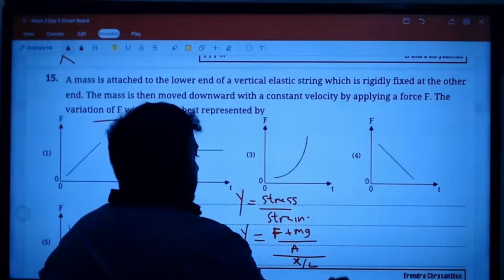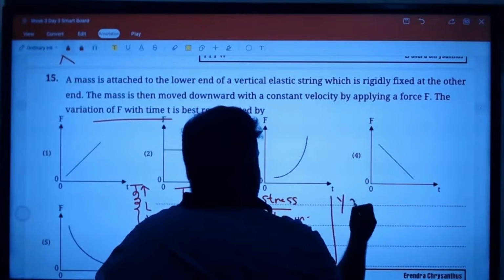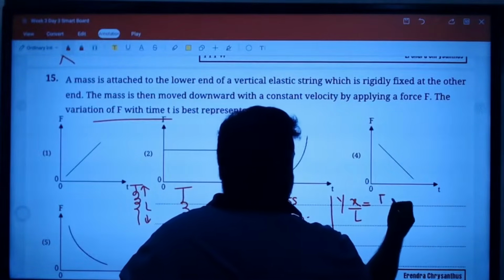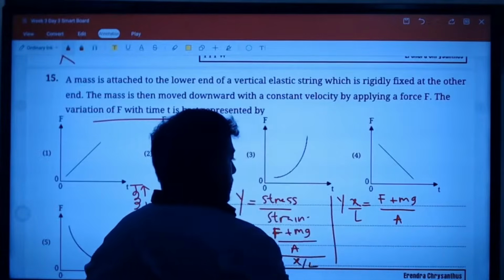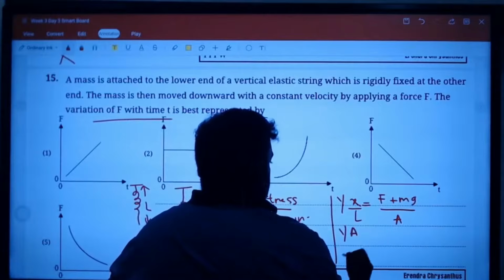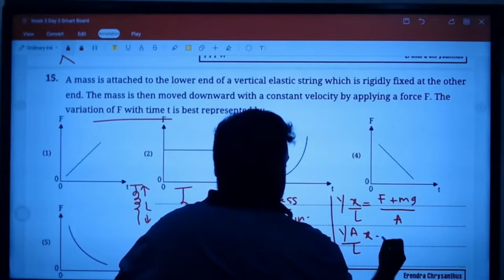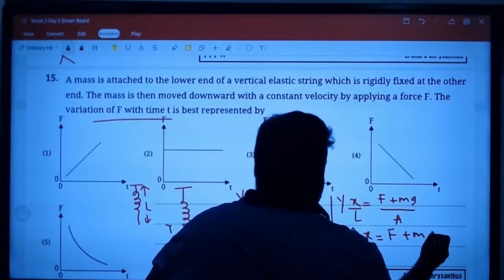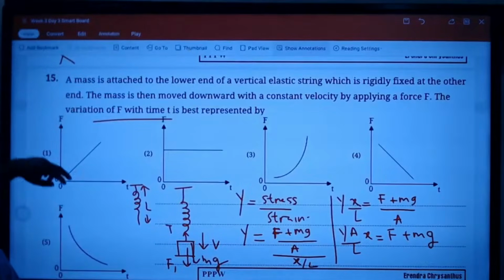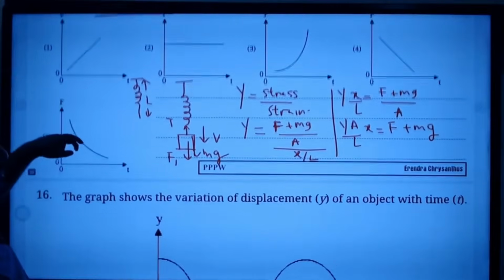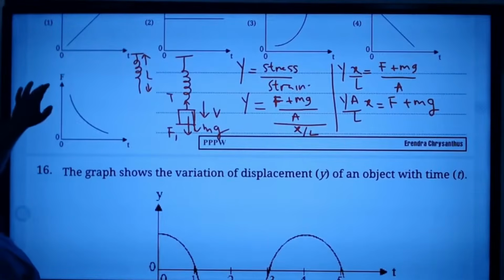First multiply: Young's modulus x over L equals F plus mg divided by A, so Young's modulus A x over L equals F plus mg. Carefully rearrange this.